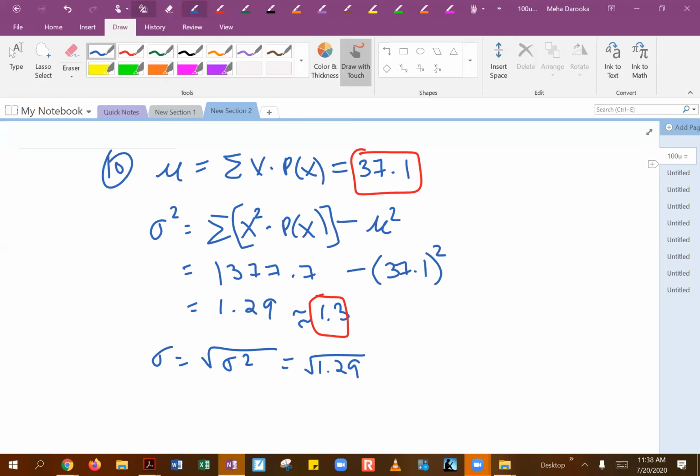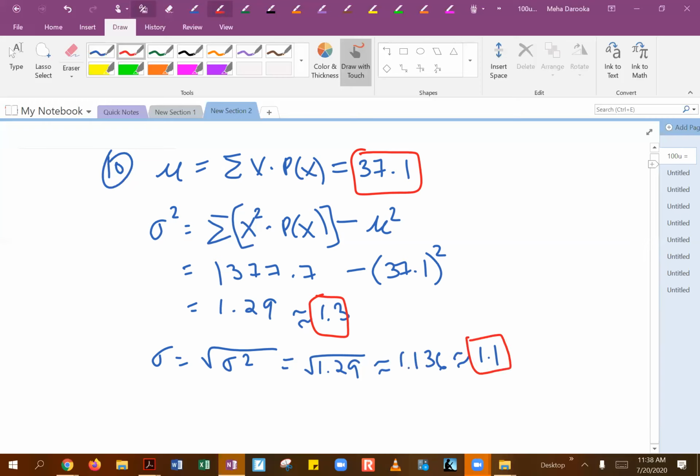Jesus, you got the same answer. Yeah, so the raw answer I'm coming up with is 1.136. I'm guessing that's where you got the 1.14. And then using the same rounding rule, one decimal place, this will give you 1.1 as the standard deviation.